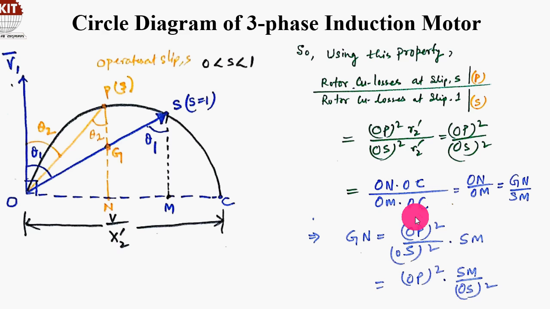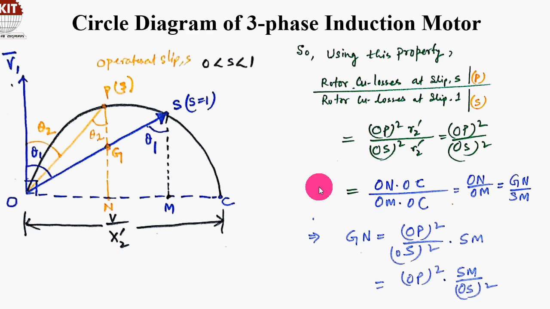Now OC gets cancelled out, then the remaining sides will be ON upon OM. Now from here, if you consider this bigger triangle, that is triangle OSM, and this smaller triangle OGN, these triangles are again similar in nature.